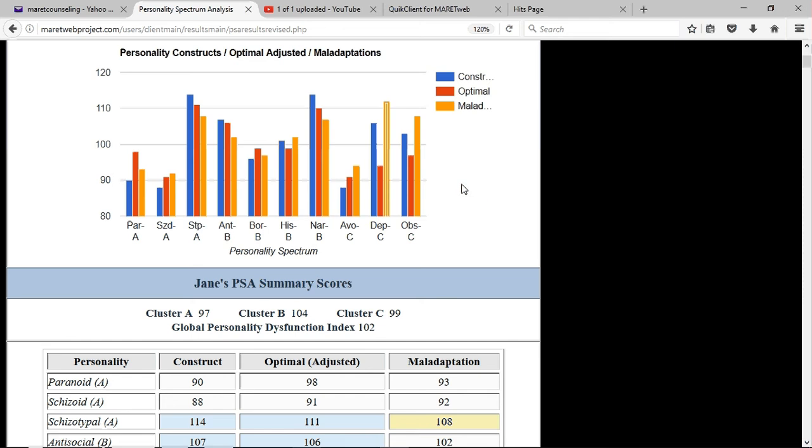But I'm just showing you the graph here and what the graph can teach you. When you see this, where this baby's sandwiched in the middle right here, you got a situation when somebody else is over 105. Especially when it's maladaptation, it's over 105.